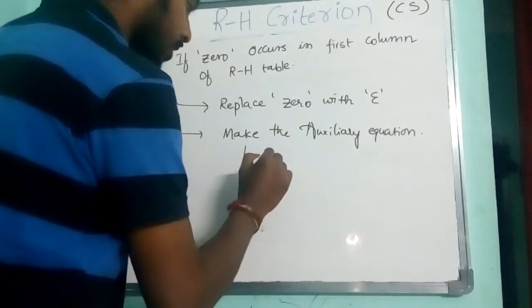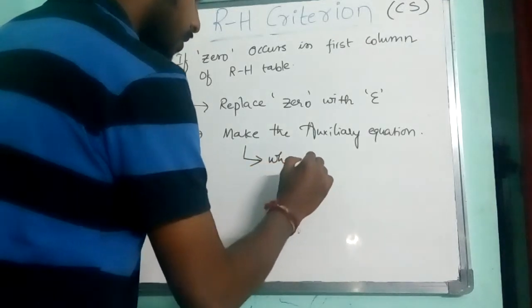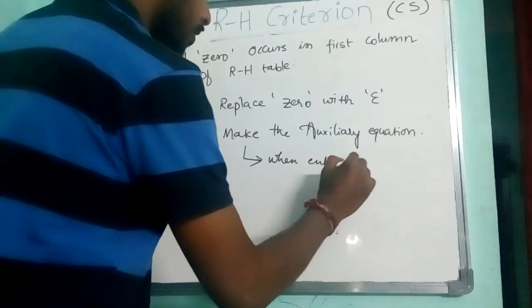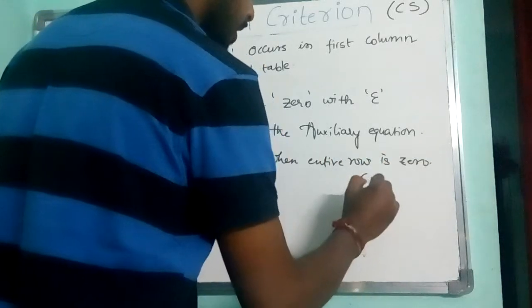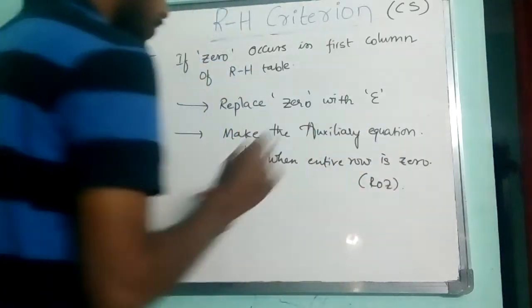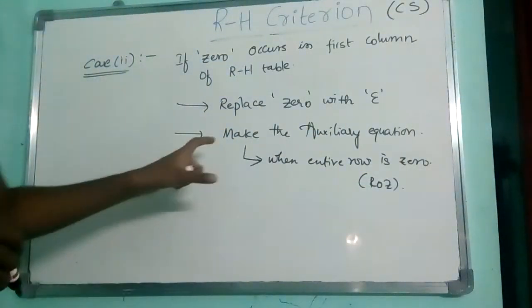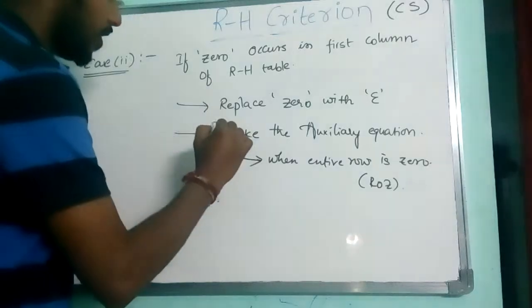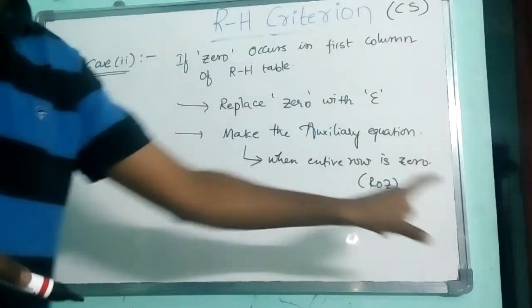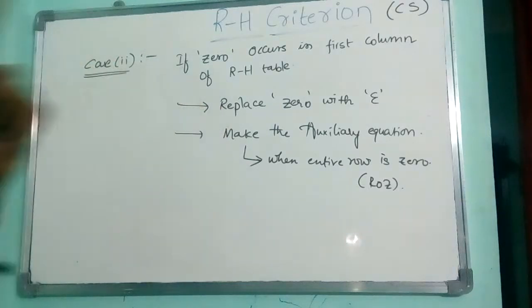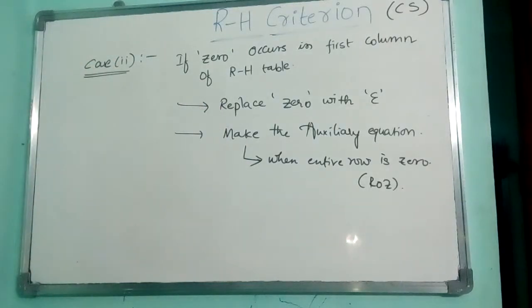This is by the condition when the entire row is 0. You can call it a row of 0. We have a clause and we have a subclause also. When the entire row is 0, then only make the auxiliary equation. If not, no need of an auxiliary equation.